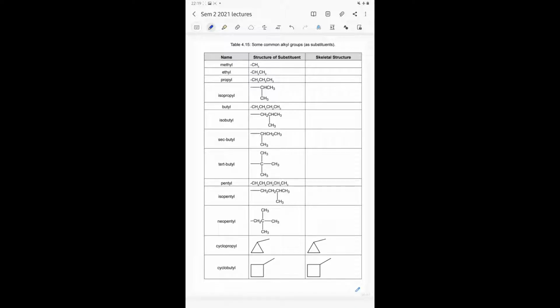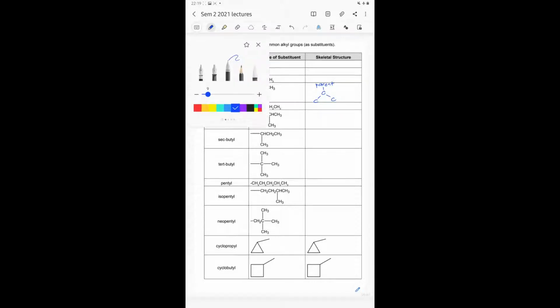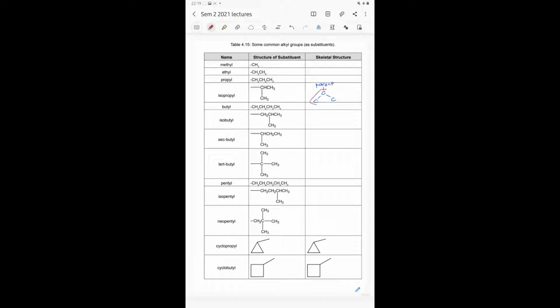How to remember? If we have a parent chain, the longest carbon chain, and we have the substituent isopropyl, we have 3 carbons in it. So the 3 carbons position will be like this. And if you look at the shape, it is actually like V. So when you come across any structure with a shape like this, it is isopropyl.